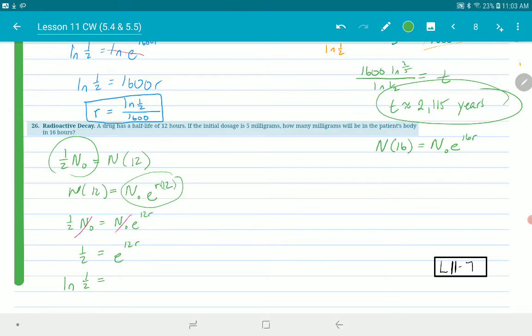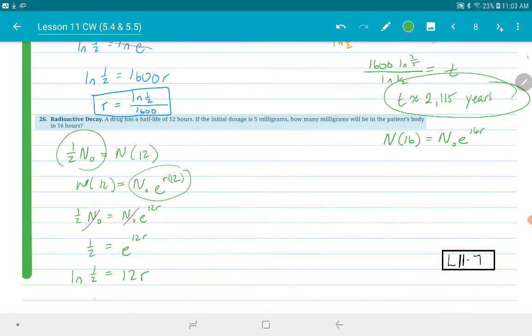When I take the natural log on the right, the natural log and e cancel, and my exponent comes down. So to get r by itself, I get natural log of 1/2 divided by 12.